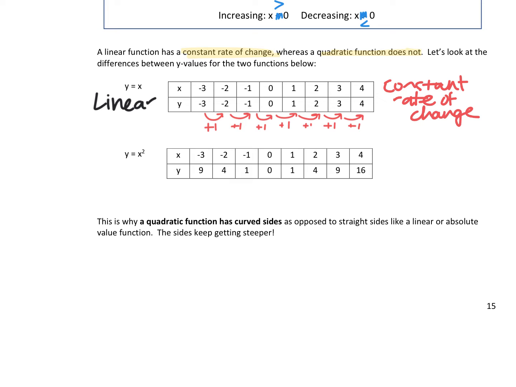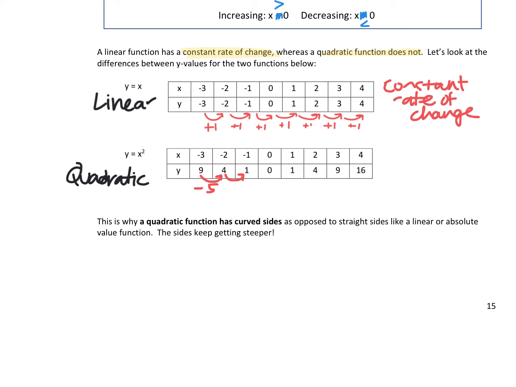Your next one, this is a quadratic, so it's got an exponent of 2. And we are going to look at our y values. I'm going to let you do that with your table. On this one, it starts out going minus 5. It doesn't keep doing that.